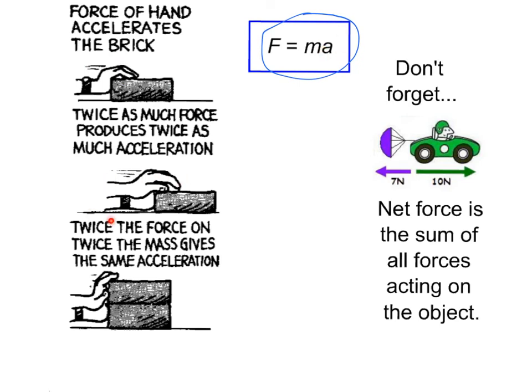Again, twice the force on twice the mass will give me the same acceleration. I know that because 2 times this amount of force and using 2 times that amount of mass will give me just the same amount of acceleration.